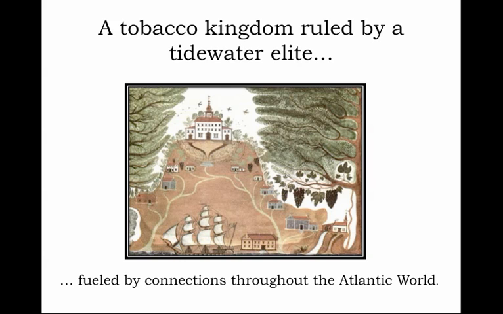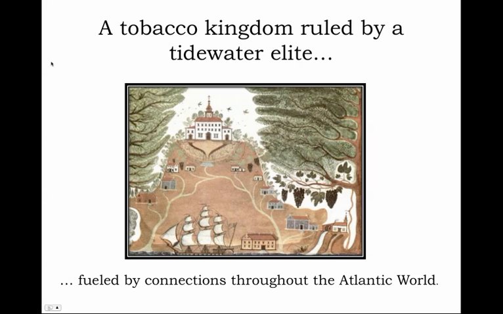And the Tidewater elites are by and large middle class merchants from England who will begin to buy up available land and property in the Chesapeake, sort of pushing aside smaller producers, the first generation of tobacco farmers, as we see a kind of consolidating of interests and property, such that by the late 1600s, the Tidewater elite come to represent a kind of new world financial and political elite in places like Virginia and Maryland.